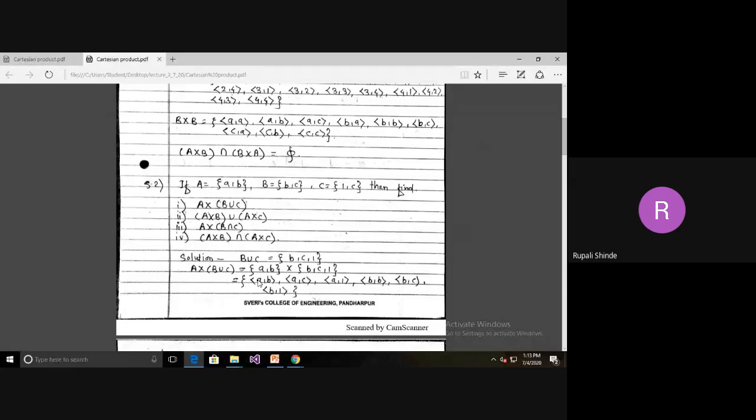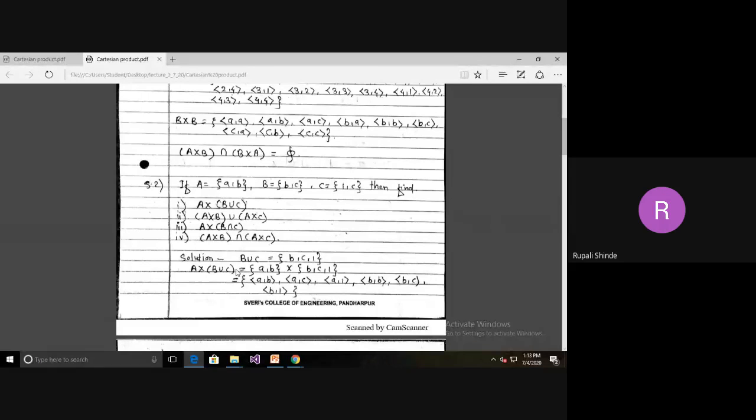The ordered pairs would be (a, b), (a, c), (a, 1). Now for the second element of set A, that is b: (b, b), (b, c) and (b, 1). So this is the answer for A Cartesian product (B union C).